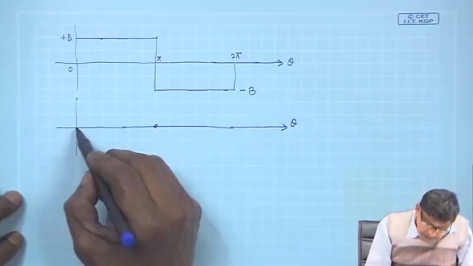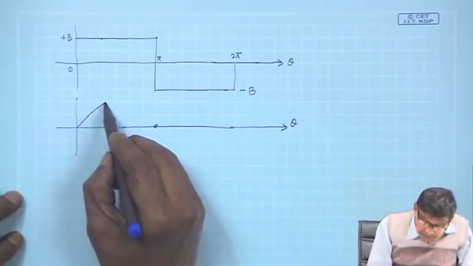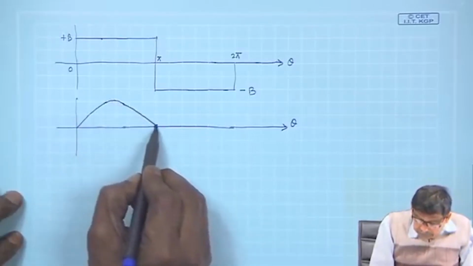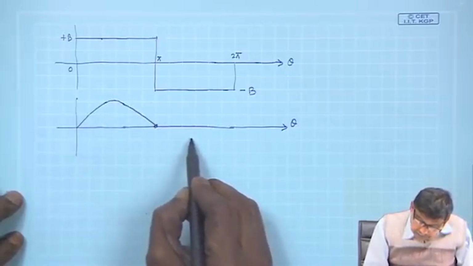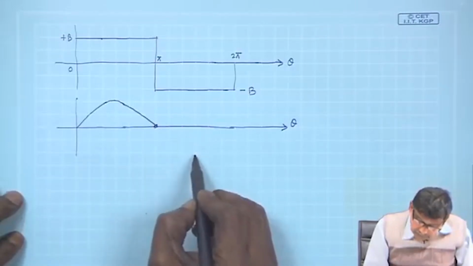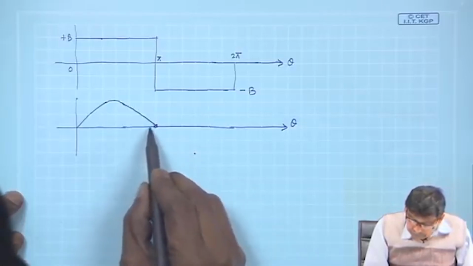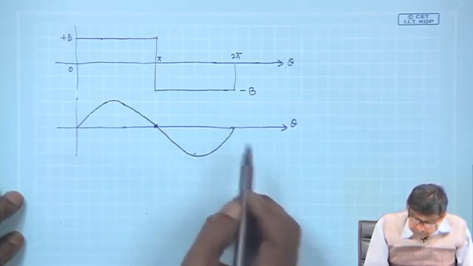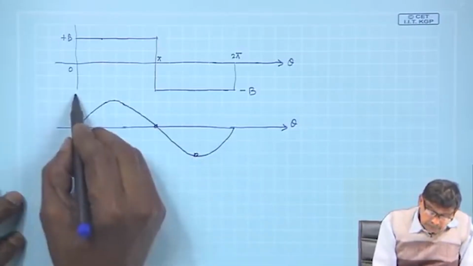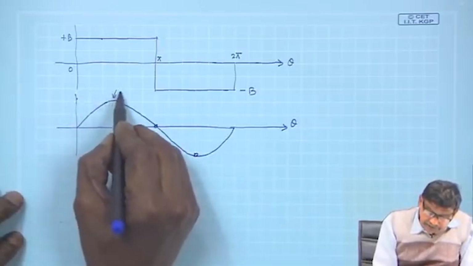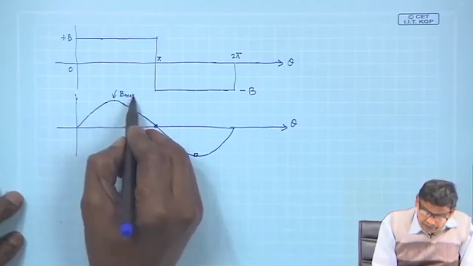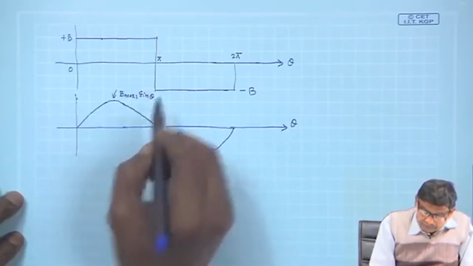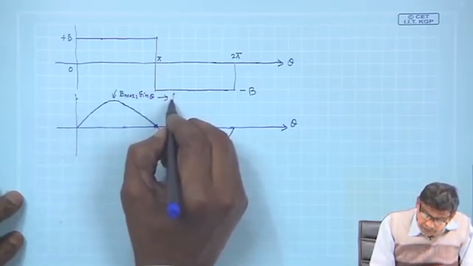So, your fundamental will be this one, and this is the B max sin theta fundamental component. Say, let me write B max 1 sin theta. This is the fundamental component.